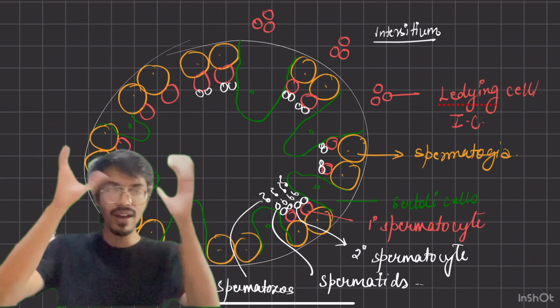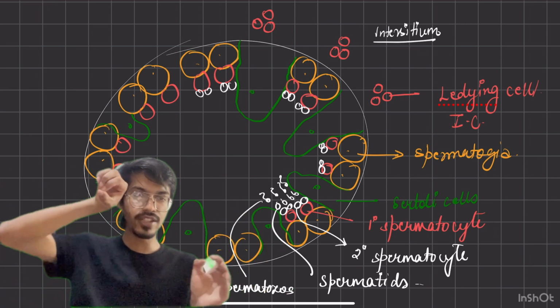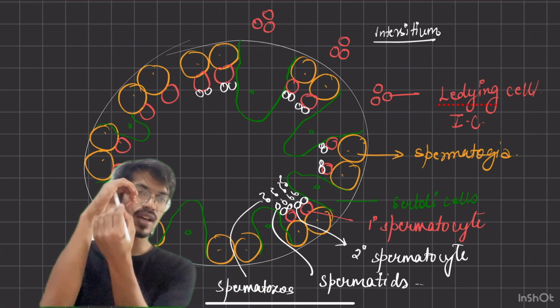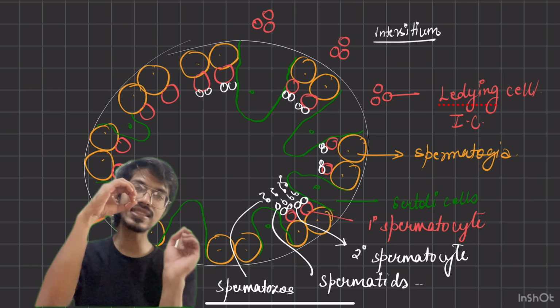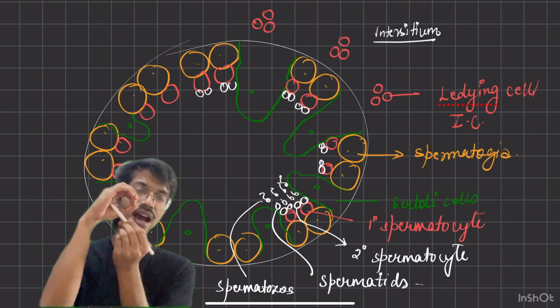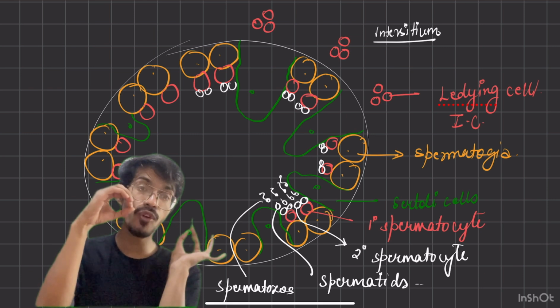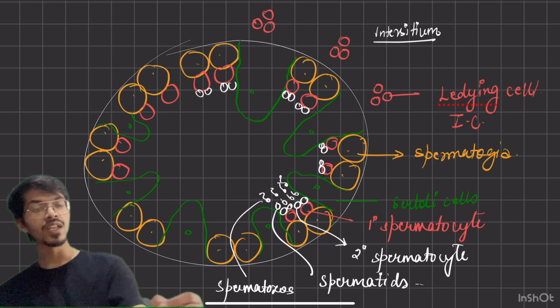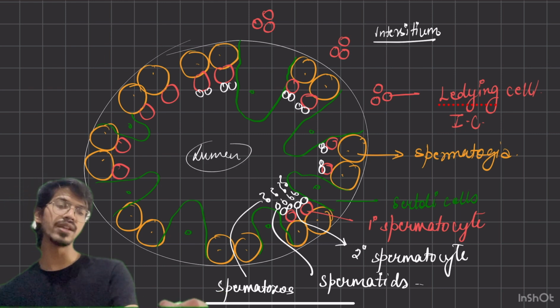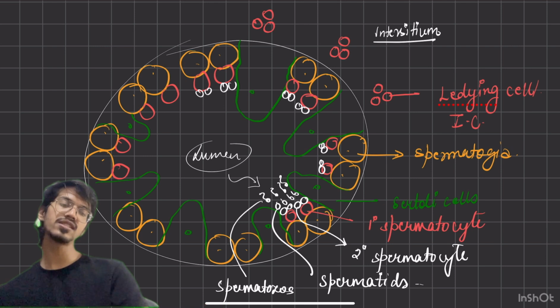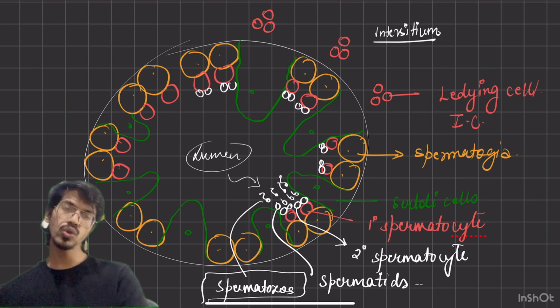If we divide this whole tube, the tube will look something like this. The periphery of the tube has these cells present. The lumen will have the mature form of the sperms. So this is the lumen. If someone asks which cells will be present in the lumen, these cells, the spermatozoa, will be present.